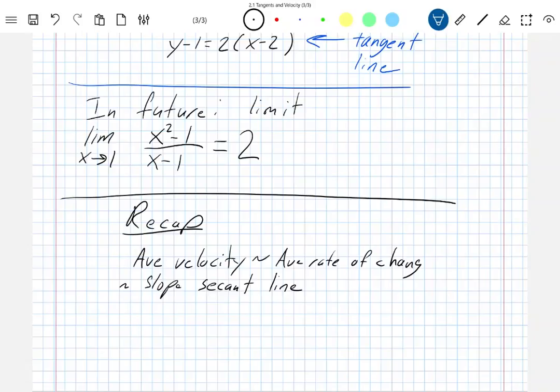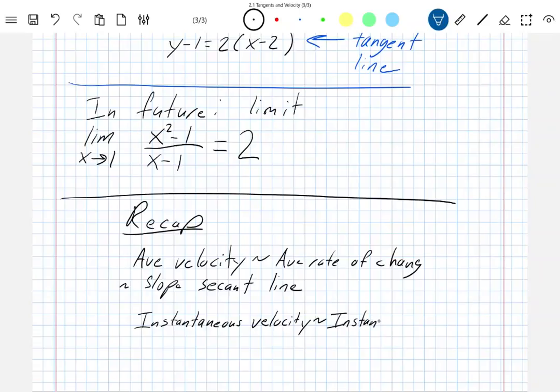This is a nice geometric connection. But when we wanted to talk about instantaneous things, my instantaneous velocity was also my instantaneous rate of change.